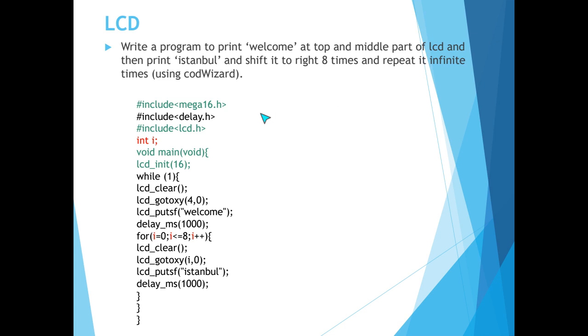In a previous session, when we were coding our LCD, we didn't use Code Wizard, so for initializing a port with our LCD, we wrote code related to each of the ports, port A, B, C, D, in assembly in our program.